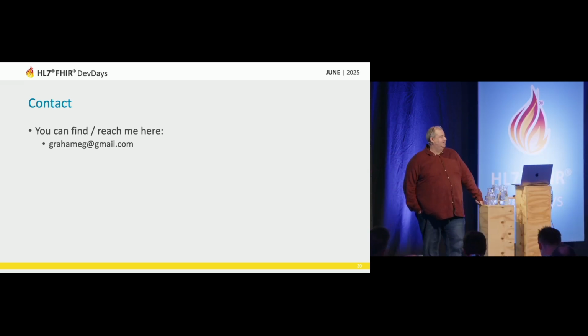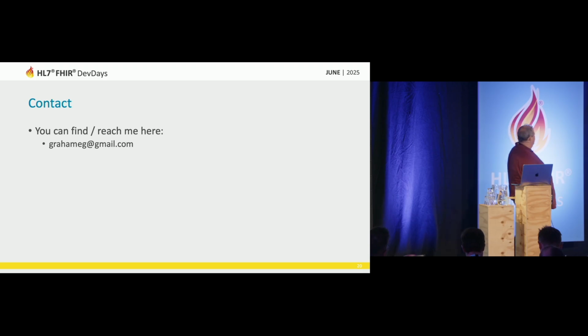Questions over here? Anybody? Yep, okay. Thank you, Grahame and Gino, for additional resources. My question is for the logical models: they're supposed to be mapped to the profiles and FHIR resources. Is there any machine readable way you envision to describe this?